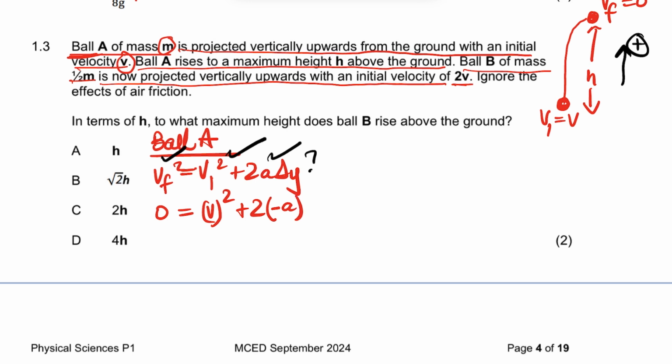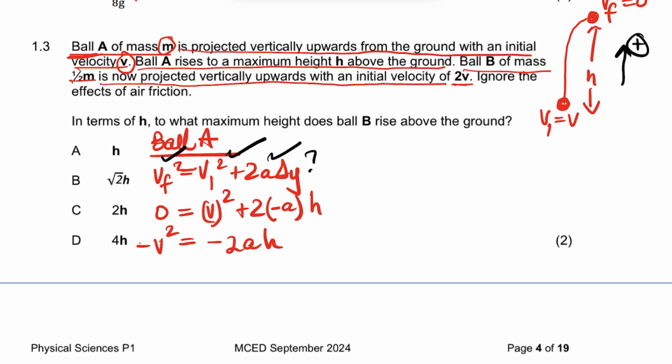and our displacement is h, right? So then we're going to have 0 equals v squared minus 2ah. Let me take the v squared to that side to make things easy. It's going to be negative v squared equals negative 2ah, and we're looking for what here?